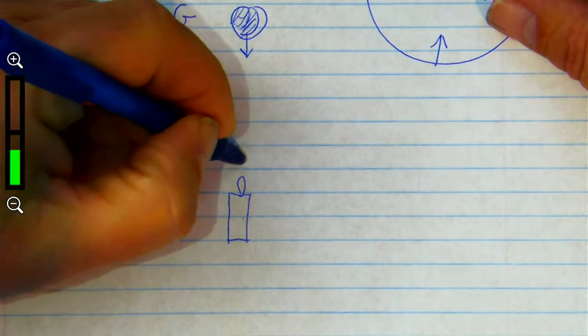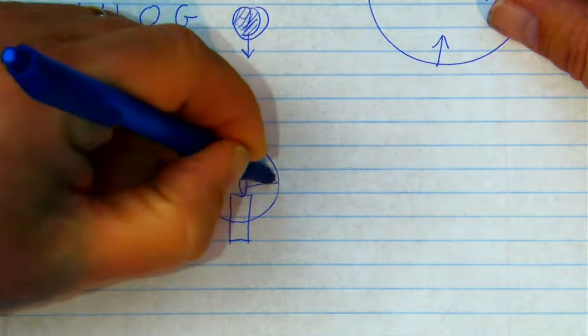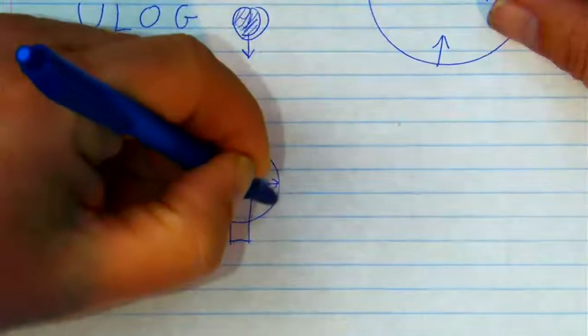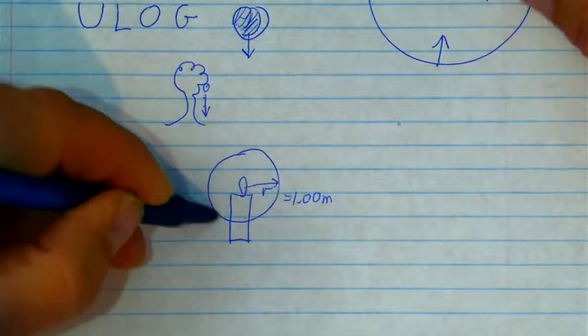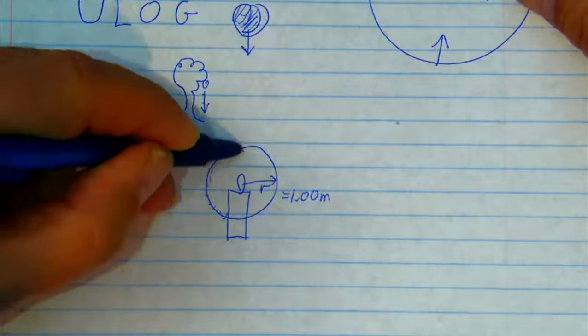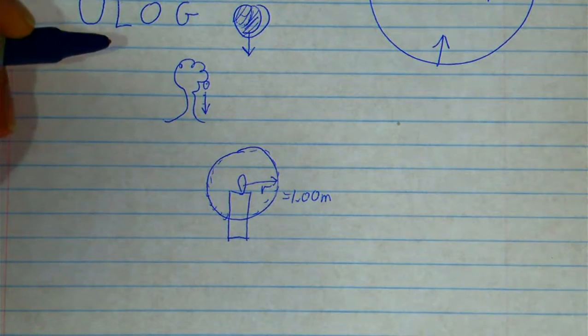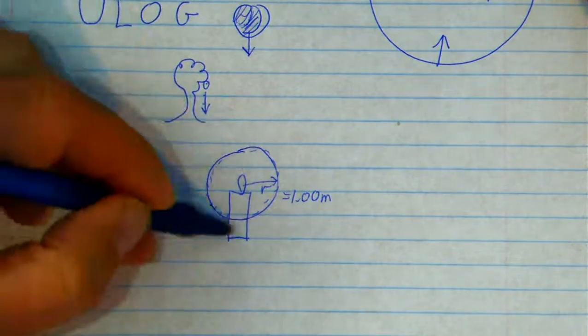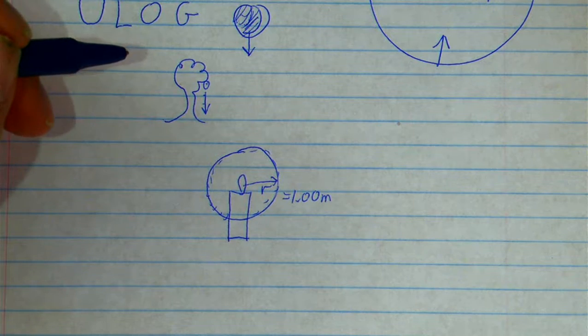I surround the candle with a sphere that is exactly 1 meter in radius. And I line the sphere with all kinds of photodetectors. These photodetectors collect all the light being emitted by that candle.